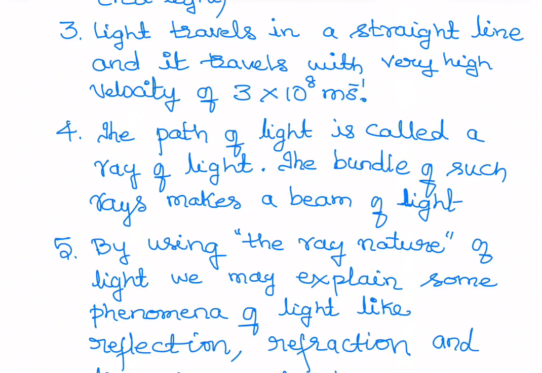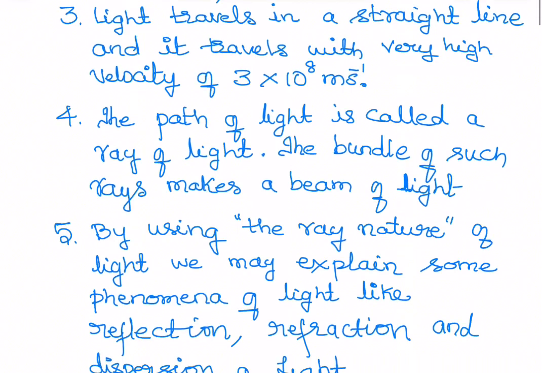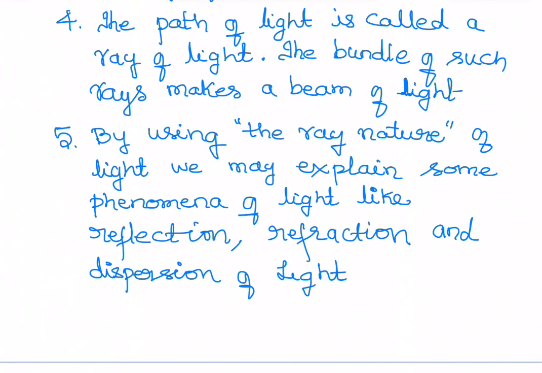Sometimes we take a beam of light coming from a source of light that contains many rays traveling in the same direction. By using the ray nature of light, we may explain some phenomena of light like reflection, refraction, and dispersion of light in this lesson.